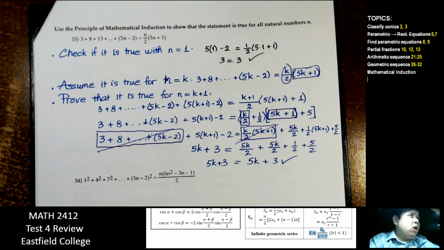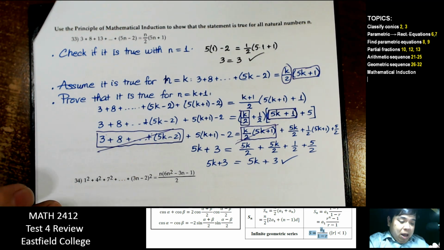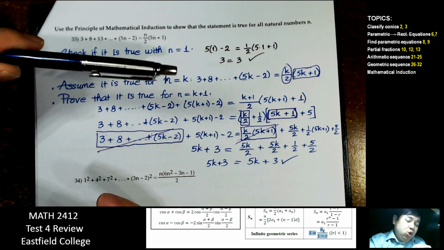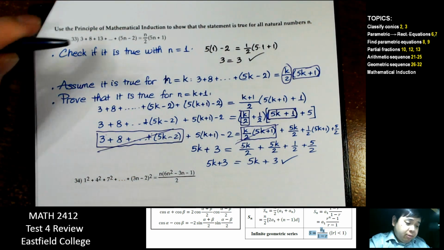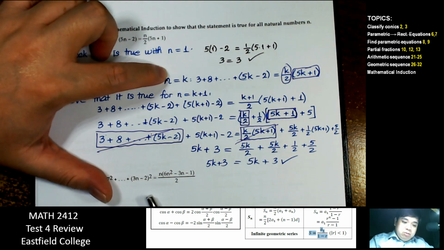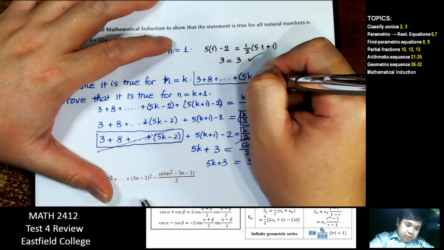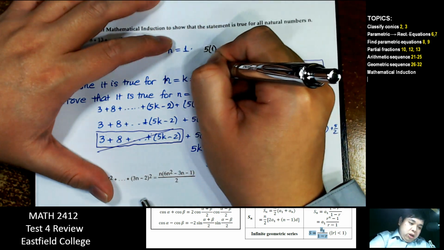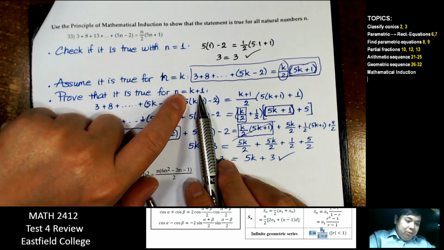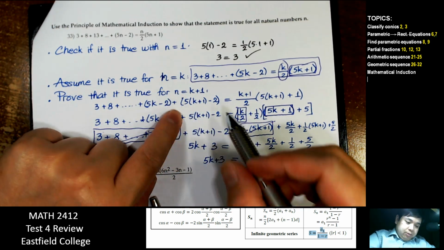So the main part of mathematical induction is this part. The first one should always be true when n equal to 1 or any initial value. This is our assumption. So with that assumption, we will add one more term. When n equal k plus 1, we add one more term to it.